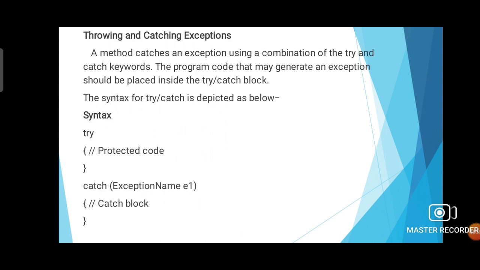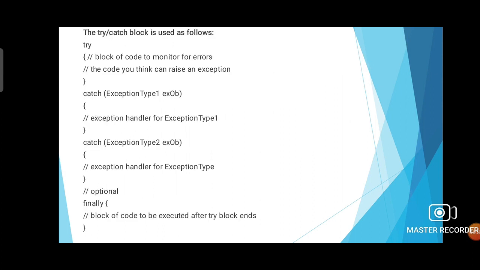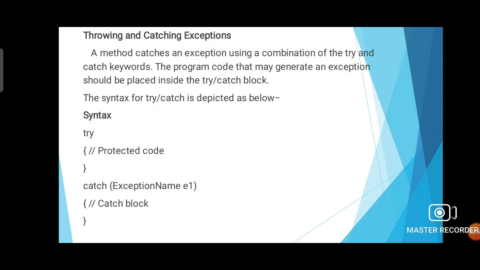So the concept is, whenever the exception occurs under the try block, the corresponding catch block will be executed. So the exception handling will be performed with the help of the combination of the try and catch blocks.